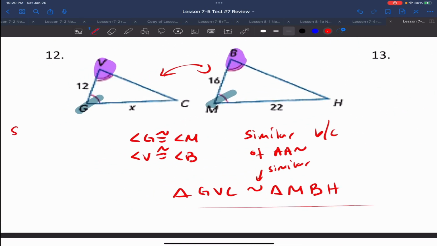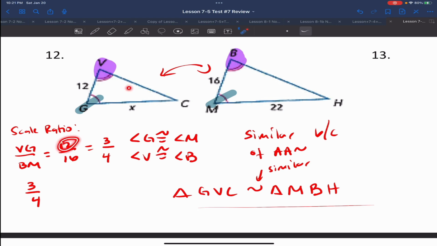We need to find our scale ratio. So I know that VG corresponds with BM. So I have 12 to 16, and that reduces to 3/4. Now take that 3/4. Notice that 12 came from this figure, and then the 16 came from that figure.